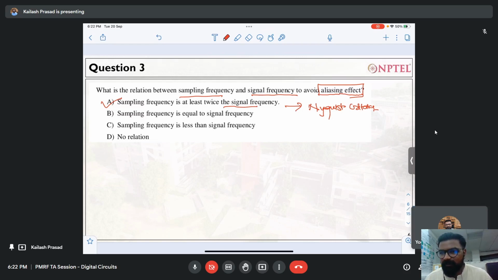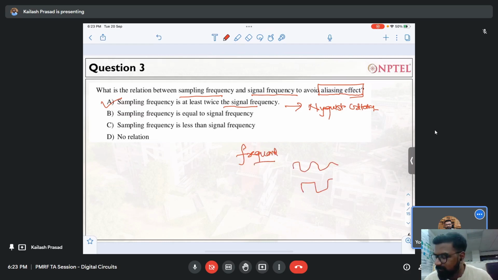Frequency means something is frequently coming, like this, or like this. Anything which is periodic. If the signal is not periodic, you cannot define the frequency. Okay, sir. For a random sequence, you cannot define the frequency.